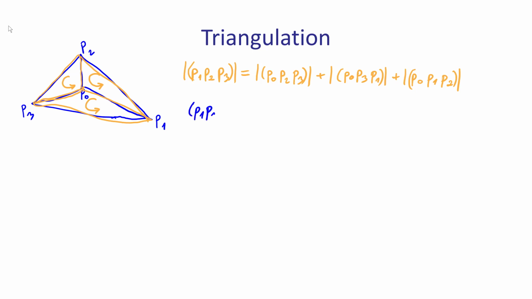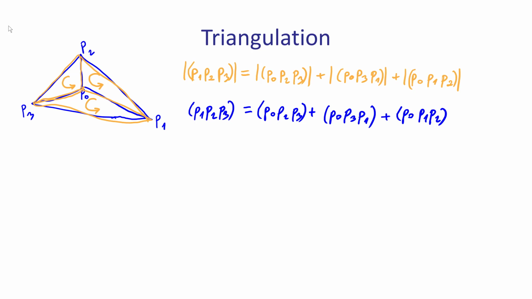So P1, P2, P3 determinant equals the area of P0, P2, P3 plus P0, P3, P1 plus P0, P1, P2. Now I claim that that formula is true even if P0 is outside of the triangle. So let's see what I mean by that.